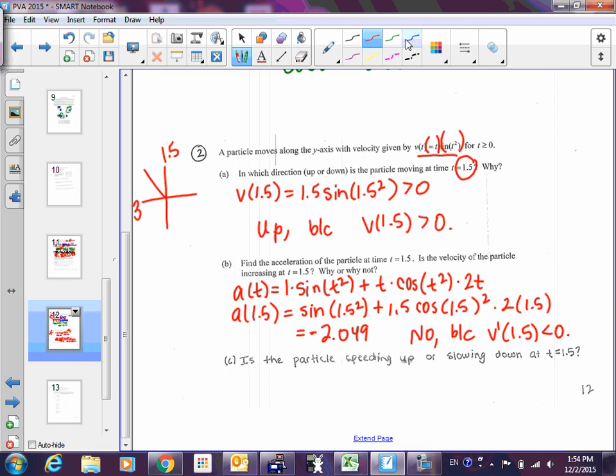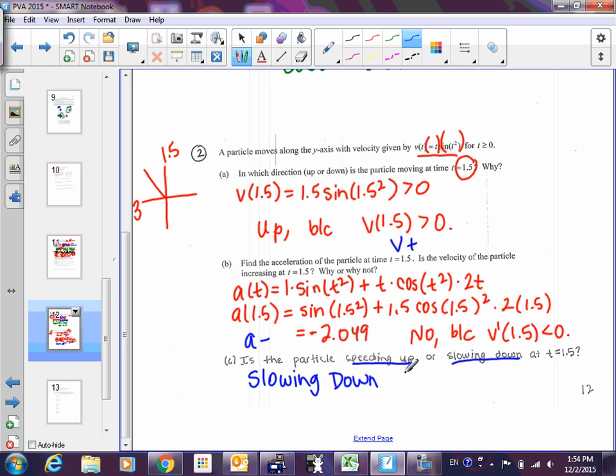All right, so let's look at the last one. This is what we did yesterday. We talked about speeding up and slowing down. Now here we have a positive velocity and a negative acceleration. So is that representing speeding up or slowing down? Why? The signs are opposite.